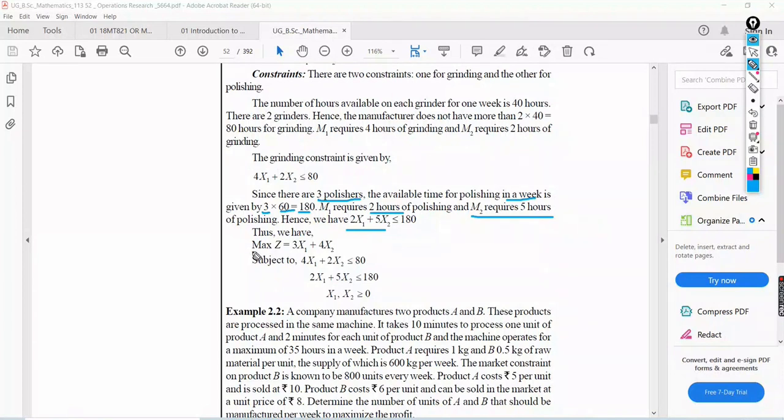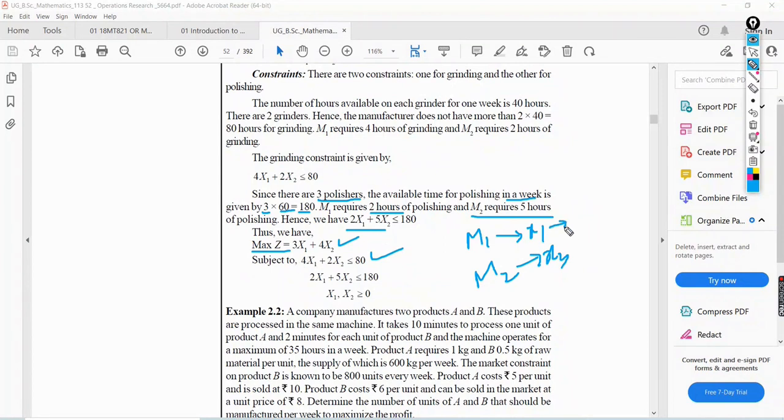So maximize Z equals 3x1 plus 4x2, subject to the constraints. The hours used for producing model 1 are defined by the variable x1, and for model 2 by the variable x2.